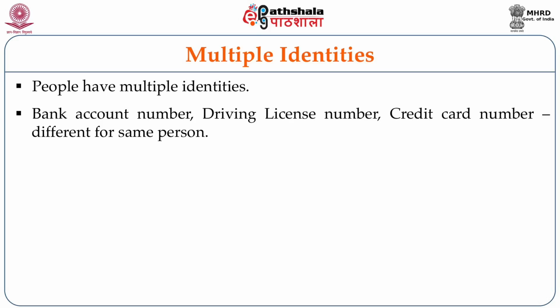Each identity is related to your name, but in our case that name becomes irrelevant because now we want to be identified by the bank account number or the driving license number or the credit card number. But if you change your name legally, but the name on the credit card is not changed, then your name could not be used as a key on which to link.